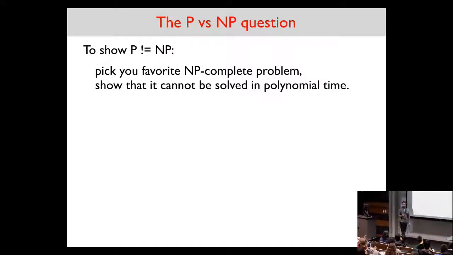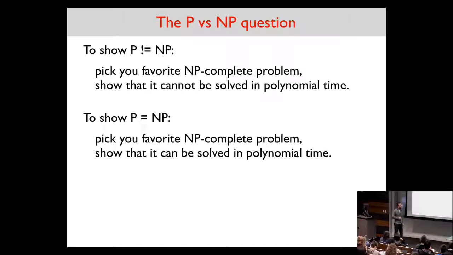Now, to show that P is different from NP, what you can do is pick your favorite NP complete problem and show that it cannot be solved in polynomial time, right? Or if you want to show that P is equal to NP, pick your favorite NP complete problem and show that it can be solved in polynomial time.